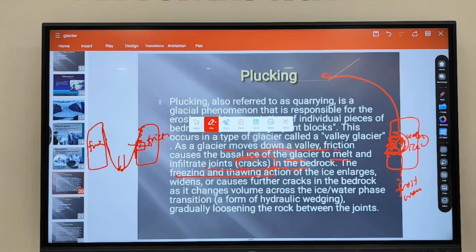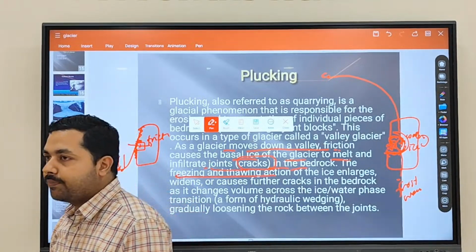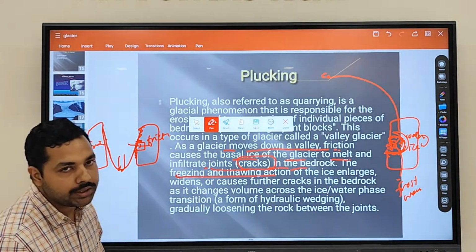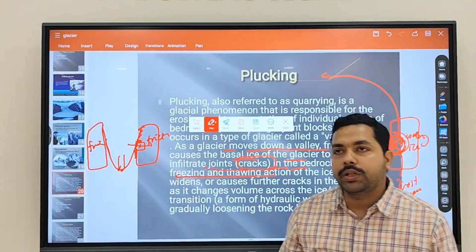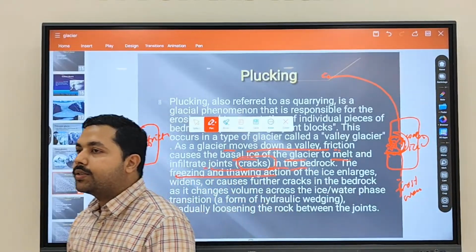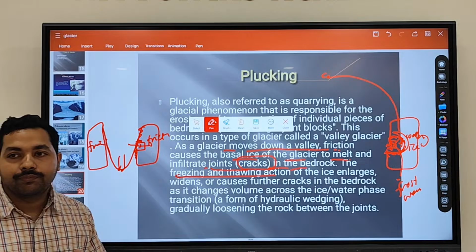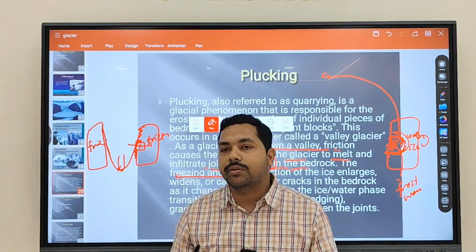Plucking process. So in case of river water, we discussed which phenomenon is taking place. In case of river water, which phenomenon is dominating? Deposition is happening at the lower level. Corrosion. What we have discussed is in river, what is dominating?